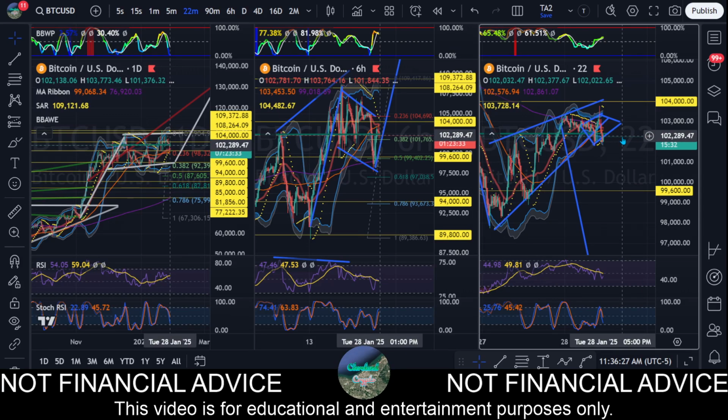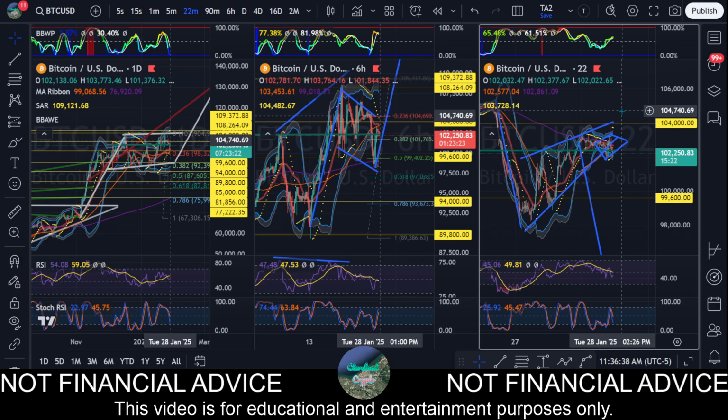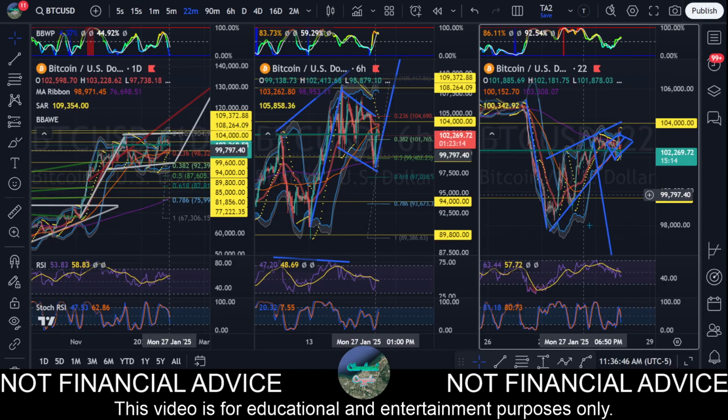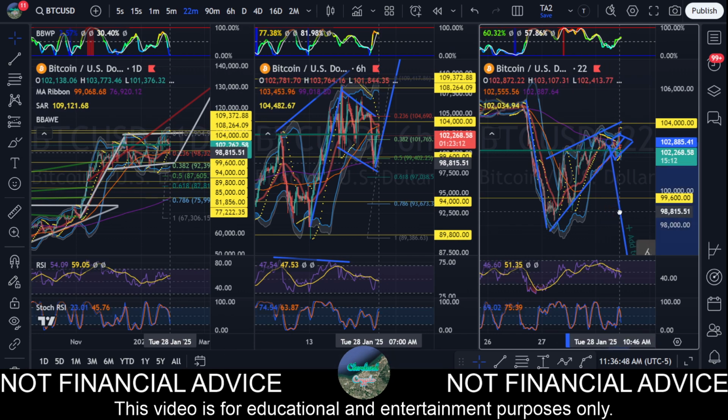If we just see upside from here, great. Get me over that 103 for me to say forget about this diamond pattern, and get us over 104 for me to say forget about this bearish pattern, that bear flag pattern.